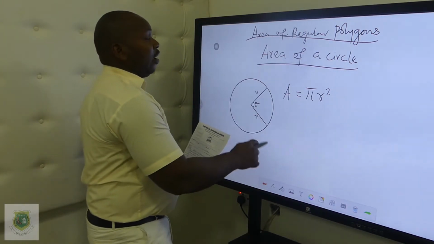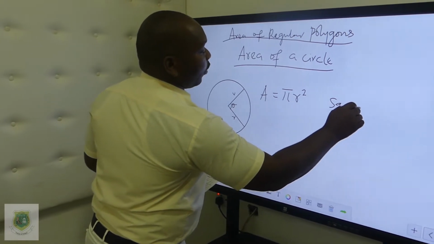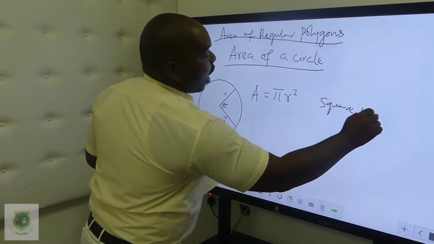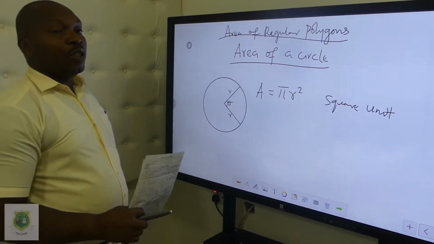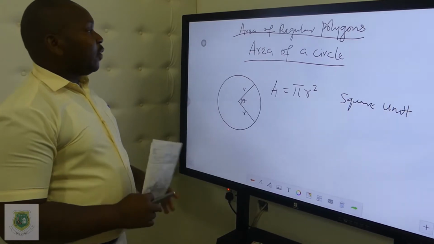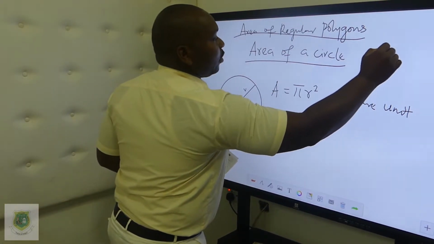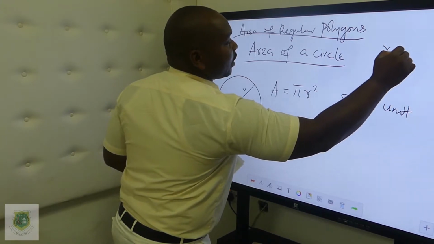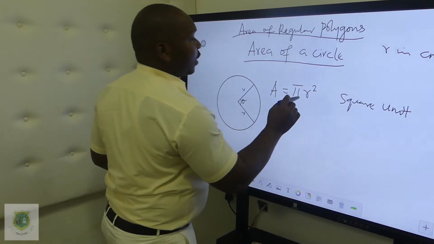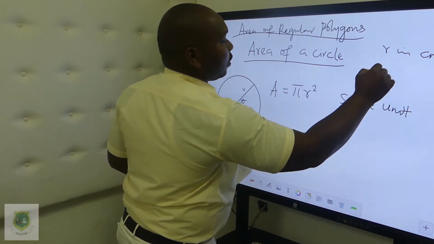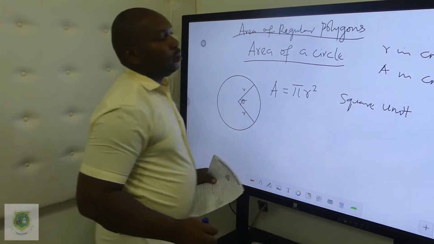Here, the unit of the area is always in square units. After calculating the area, it must be in square units. Let's say, for example, if the radius is measured in centimeters, you are going to get the area in centimeter square.